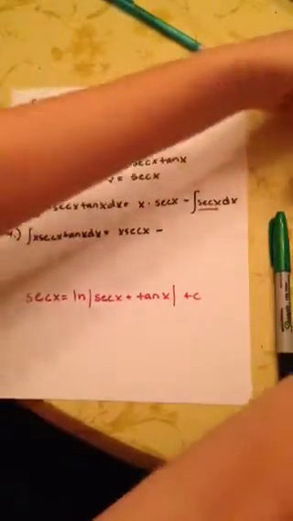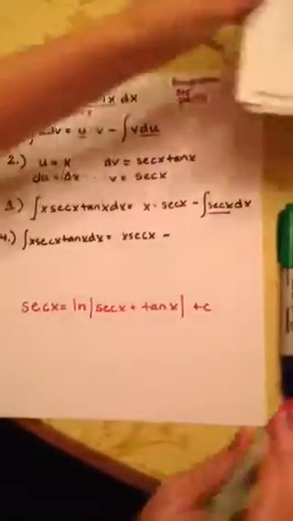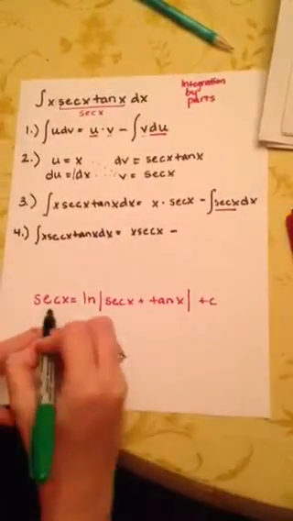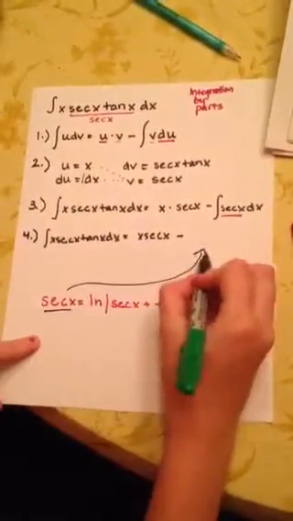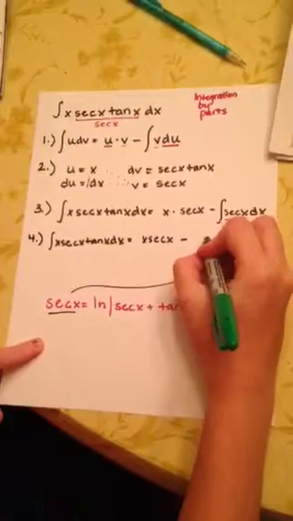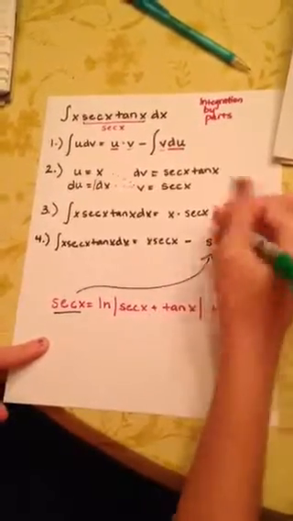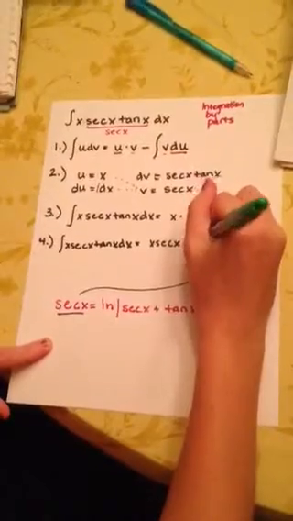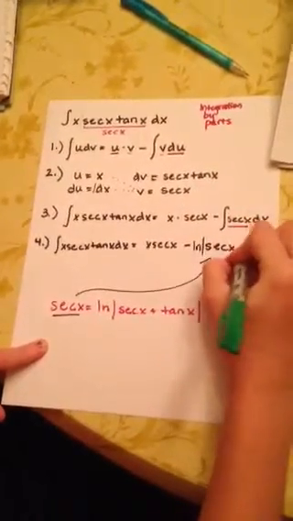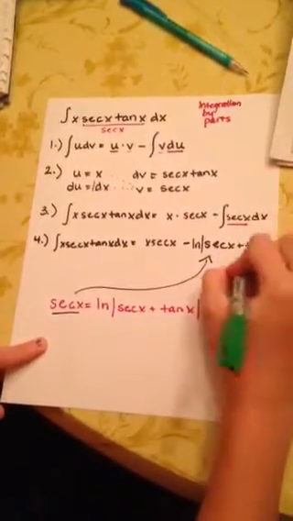Don't forget your absolute value signs, and that is coming from this little section right here from our packet. So all we have to do is plug in. Minus the integral of secant of x, oops, I'm sorry, secant of x plus tangent of x plus c.